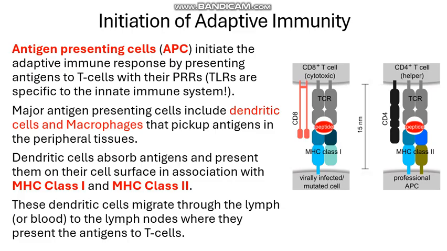So dendritic cells absorb antigens and present them on their cell surface in association with MHC class 1 and MHC class 2. These dendritic cells then migrate through the lymph or the blood to the lymph nodes where they present the antigens to T cells, and then these T cells undergo differentiation if they have a variable region on their T cell receptor that's able to recognize the specific antigen.